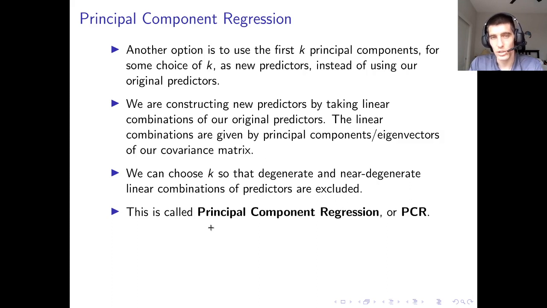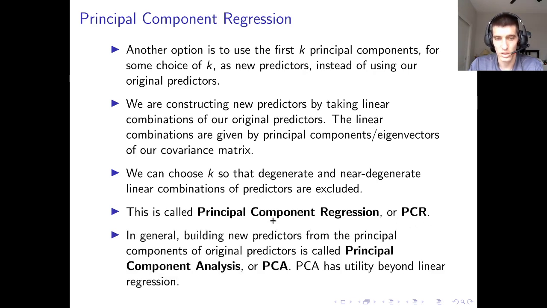The idea is that we're using the principal components, the eigenvectors of the covariance matrix, to do regression. We're using those new predictors. Okay, it's also called PCR, principal component regression. In general, if you build new predictors from the principal components of the original predictors, this is called principal component analysis, or PCA.